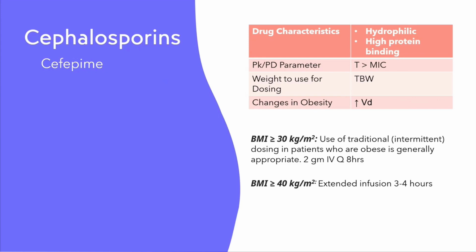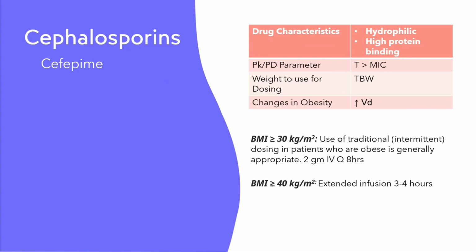So here there is limited data and less data, and I really only found specific recommendations for cefepime compared to other agents within this class. Again, the data that is available kind of comes from a mix of non-critically ill and critically ill patients.